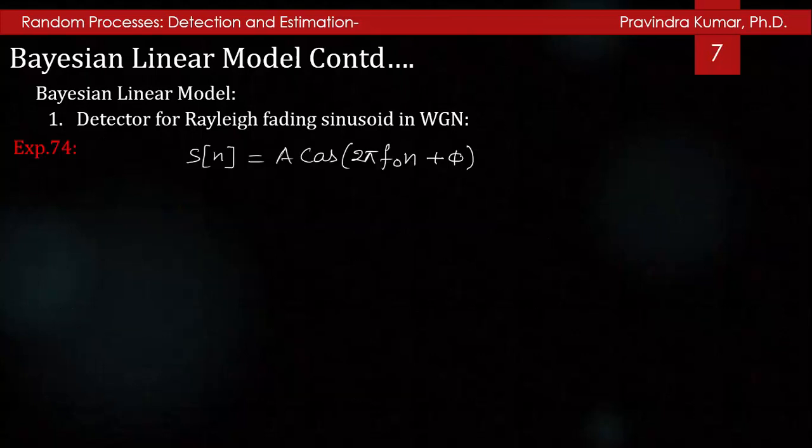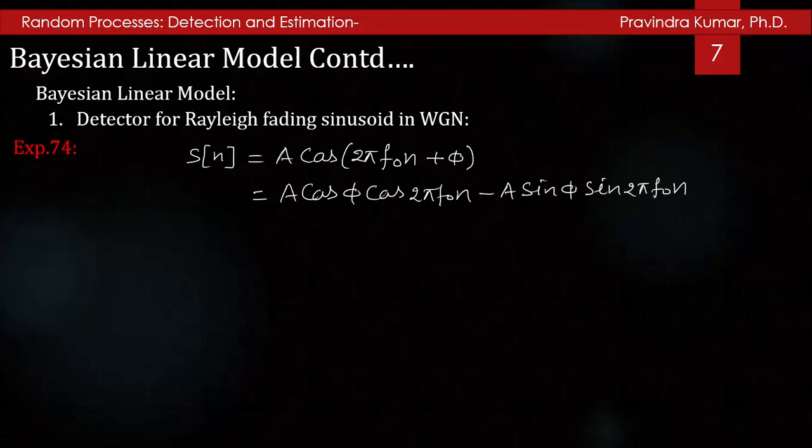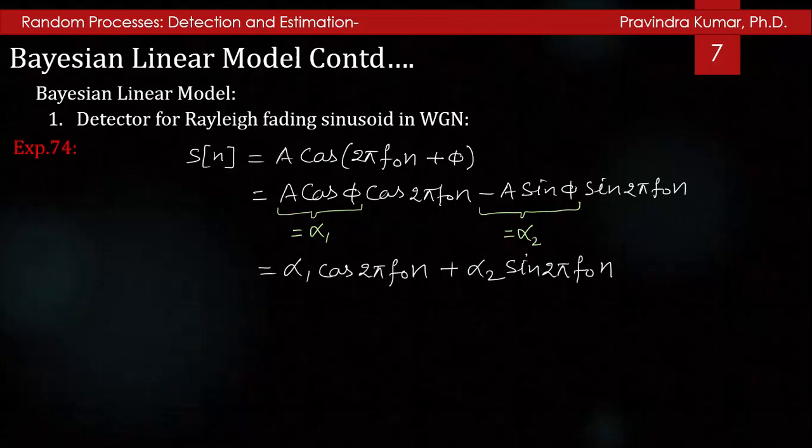So we can write s[n] is equal to A cos phi cos 2 pi f0 n minus A sin phi sin 2 pi f0 n, and if I consider A cos phi equal to alpha 1 and minus A sin phi equal to alpha 2, then s[n] will be alpha 1 cos 2 pi f0 n plus alpha 2 sin 2 pi f0 n.